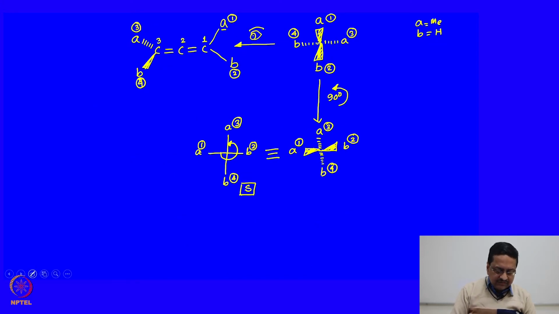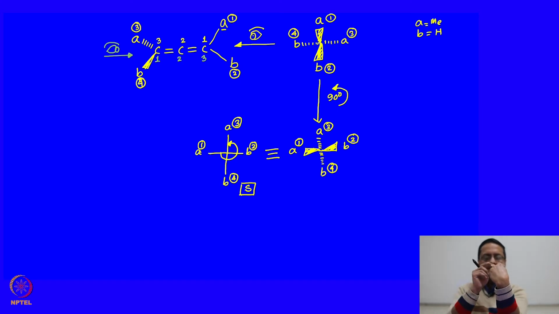Let us do the same from the other direction as well. So when we look at it from the left hand side, this carbon is then carbon number 1, the middle carbon is 2 and the back carbon is 3. So on this carbon number 1, we have two groups which are pointing towards me, and this group and that group are on right and left.